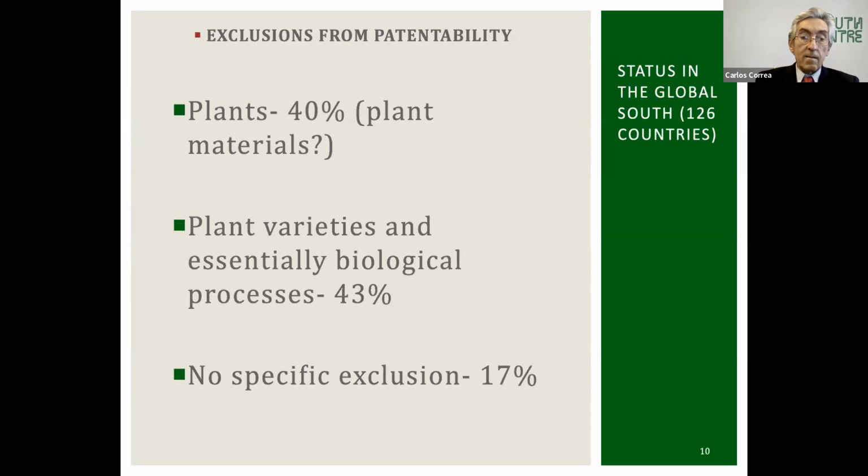So this shows that the flexibility allowed by the TRIPS agreement has not been fully used by developing countries. In relation to the exclusion for plants in particular, it is not clear in many cases whether this exclusion also applies to plant materials, for instance, a gene or a cell of a plant, or only applies to the plant as such. I will make reference to this later on.